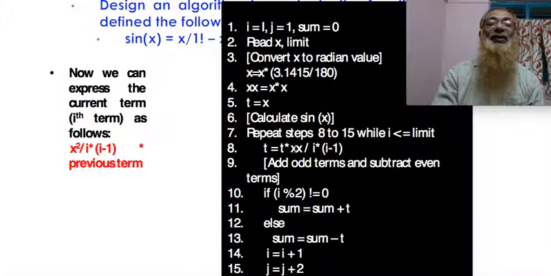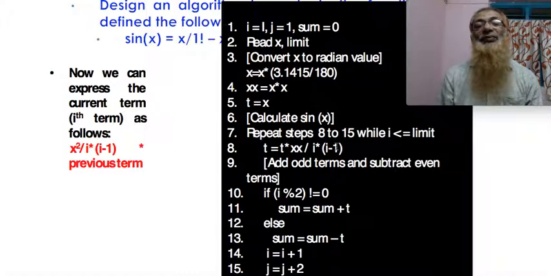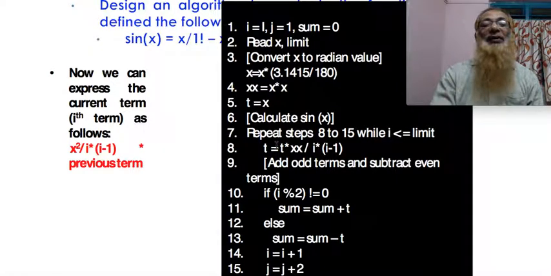T into xx divided by I into I minus 1. And this term, xx divided by I into I minus 1, is multiplied with the previous term.